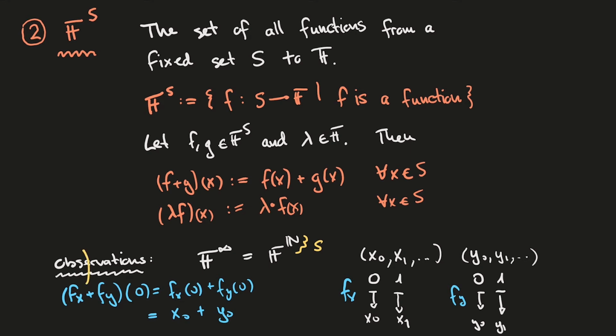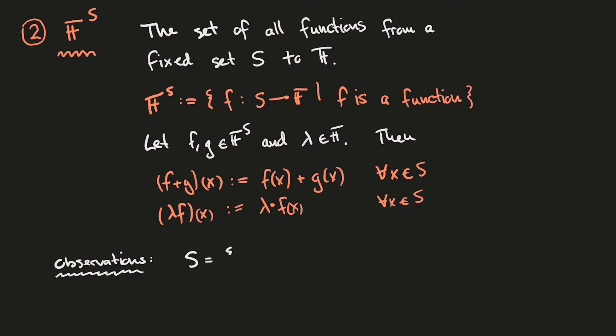We can now observe that this on the left-hand side is just describing the 0th coordinate of the sequence x0, x1, and so on, plus y0, y1, and so on. So this is the 0th coordinate of the new sequence we obtain by adding the sequences. And this equation down here is saying that the 0th coordinate of this sum sequence is just x0 plus y0, which is exactly the definition we made in the case of F^infinity.